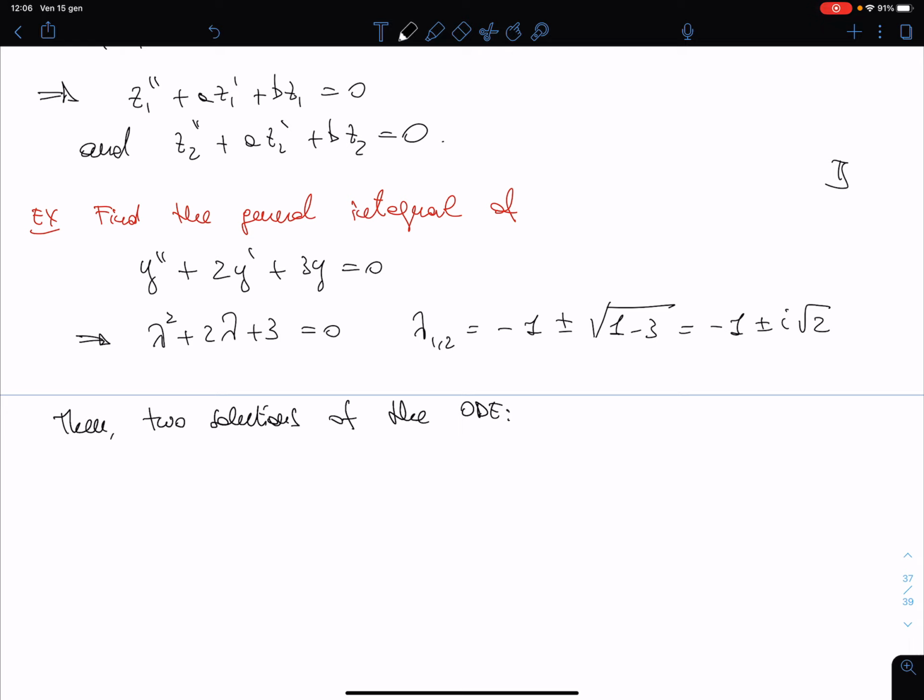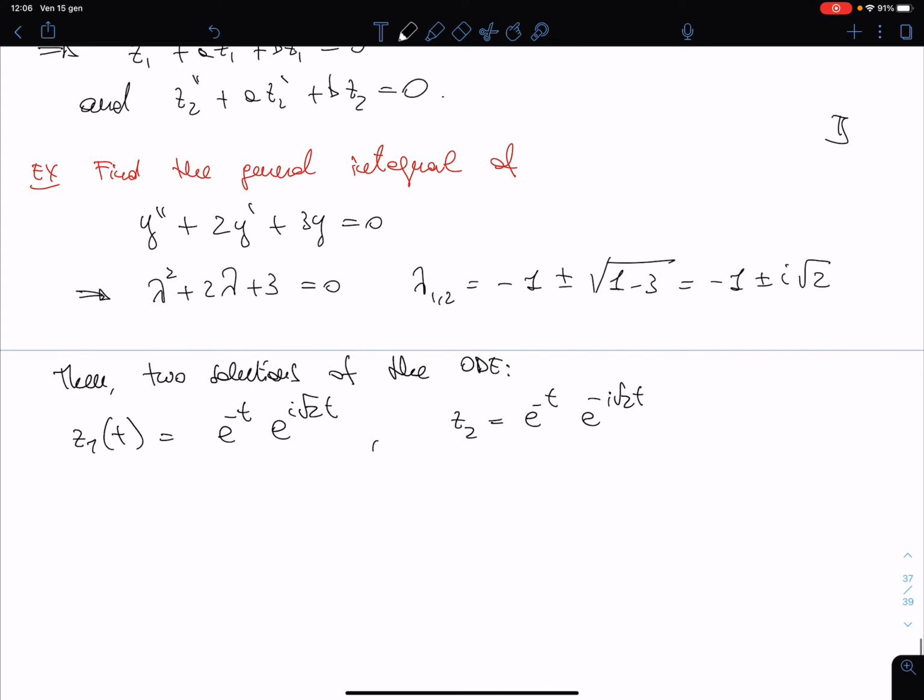We have two solutions of the differential equation we are considering: z1 of t is equal to e to the minus t, e to the I square root of 2 t, and z2 is equal to e to the minus t, e to the minus I square root of 2 t.